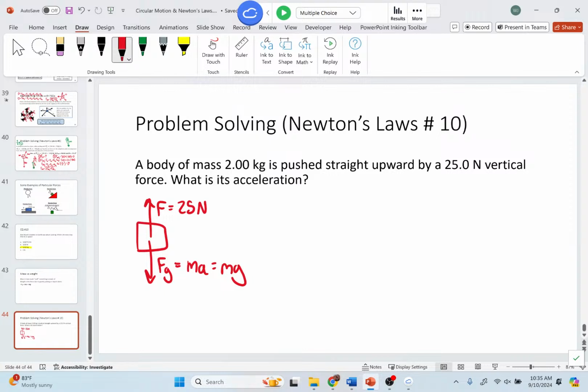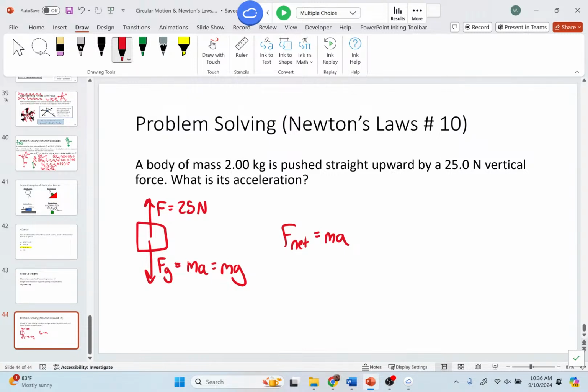So, this problem is not just 25 divided by 2. You need to find the net force acting on this object. Basically, Newton's second law says F net equals ma. You have 2 forces acting on this. You need to add those forces together to get F net.